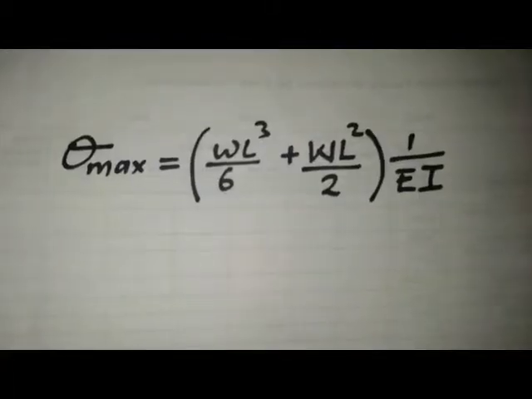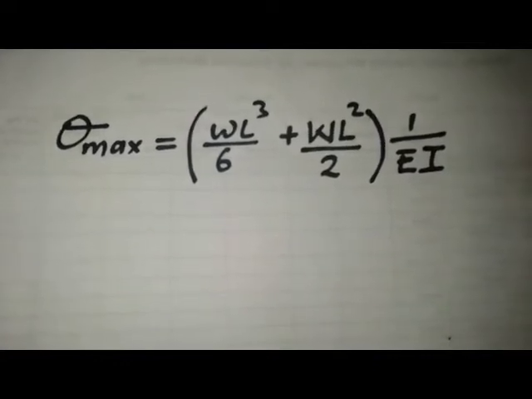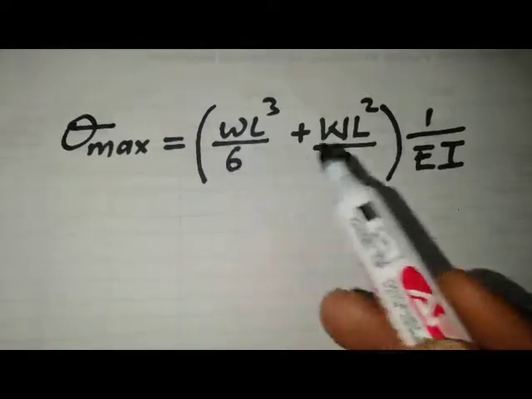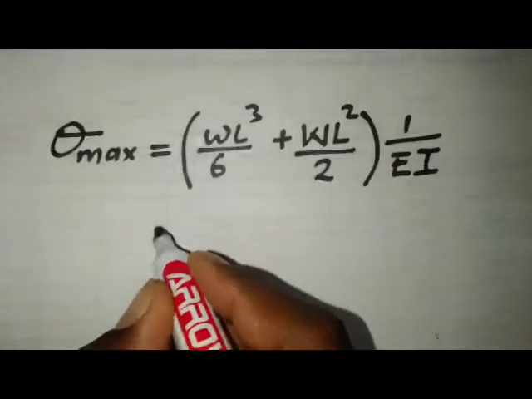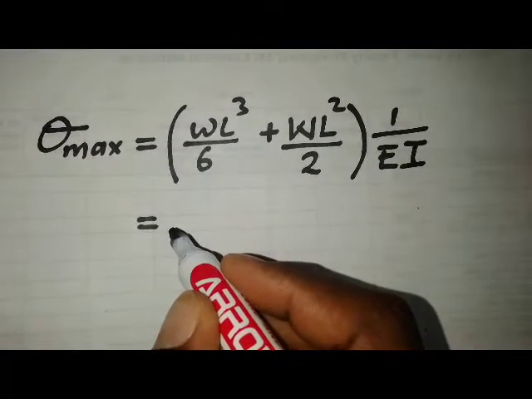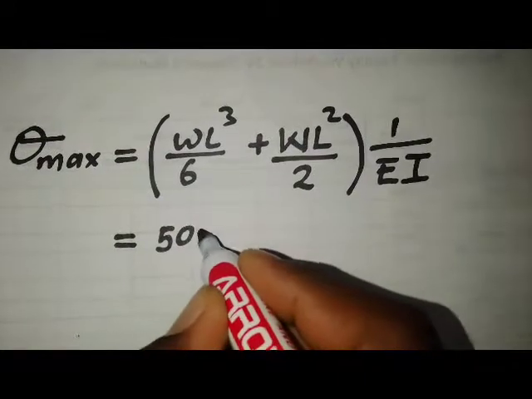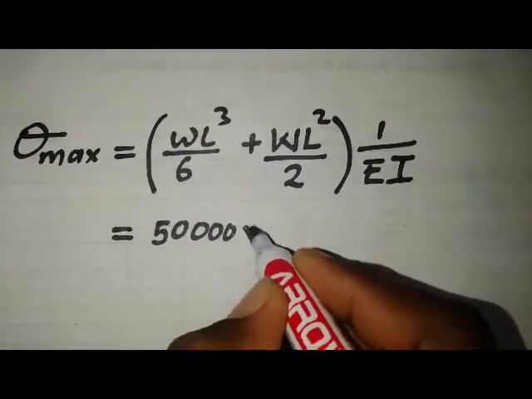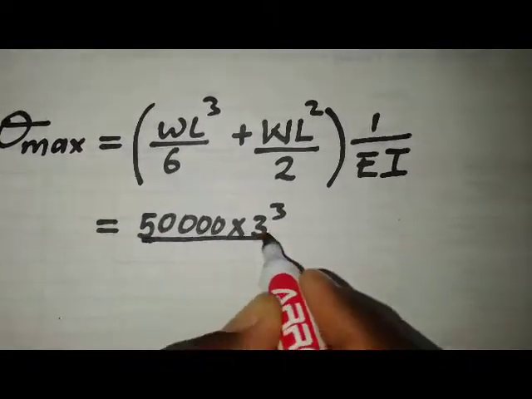The formula that we are going to use to calculate the angle of deflection, that is theta max, is WL cubed over 6 for the uniformly distributed load, and WL squared over 2 for the point load. So let's solve it out. For the uniformly distributed load, it's 50 kilonewtons multiplied by the length cubed, 3 cubed, over 6.